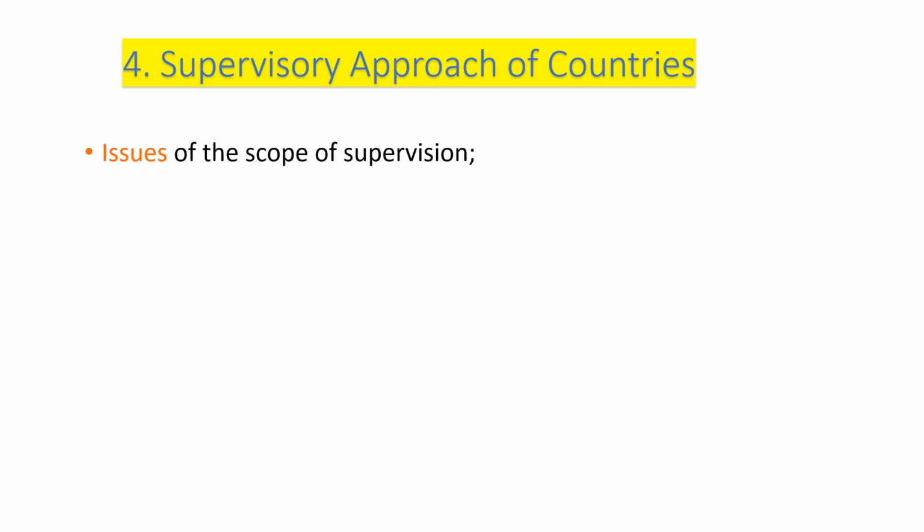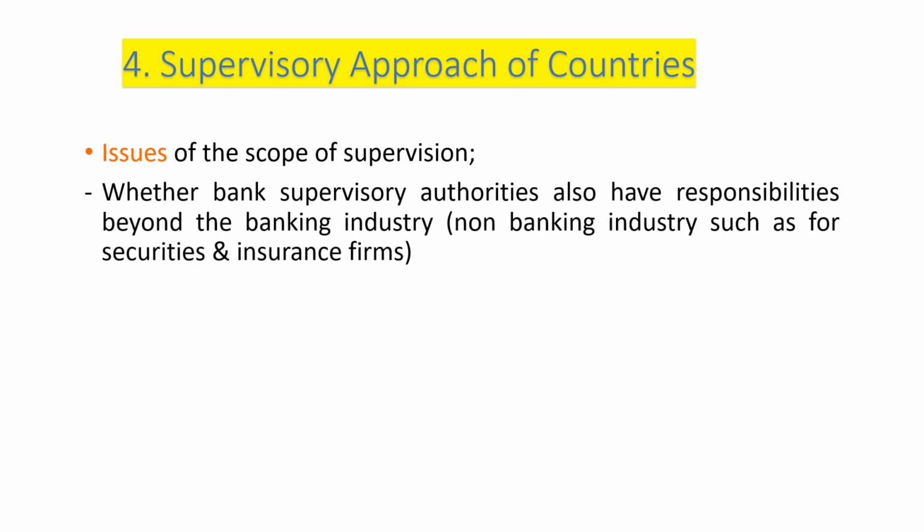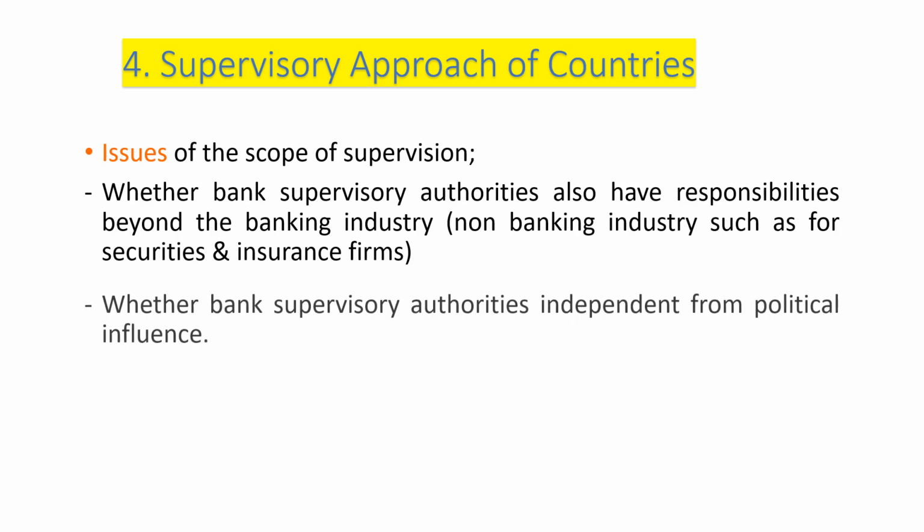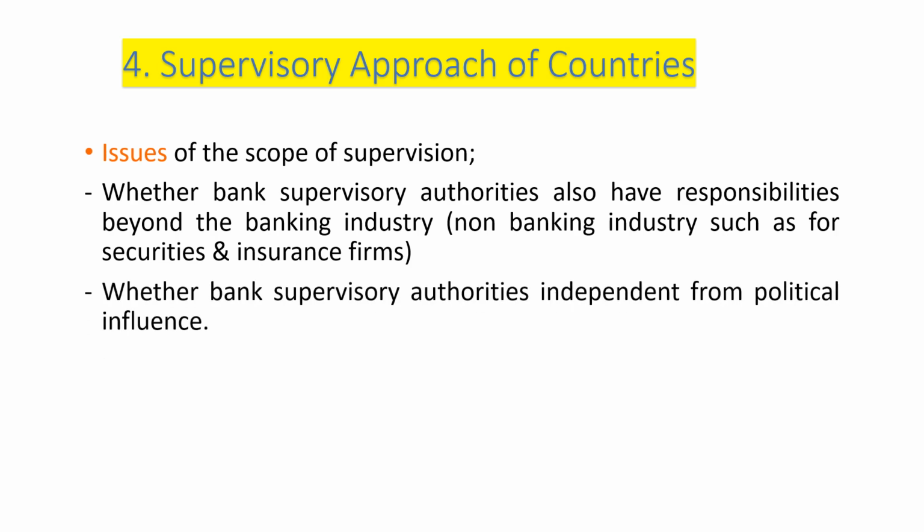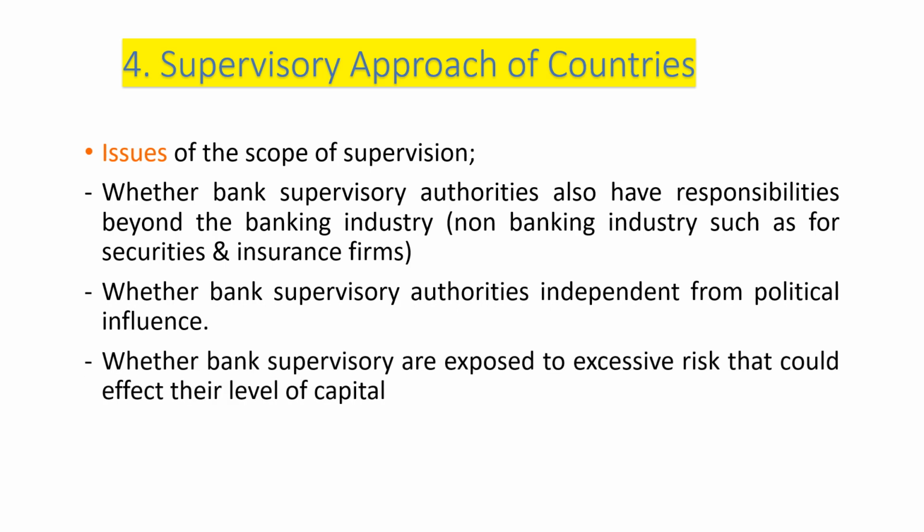The issues of the scope of supervision are whether the bank supervisory authorities also have responsibilities for the non-banking industry, for instance, securities and insurance firms; whether bank supervisory authorities are independent from political influence; and whether bank supervisors are exposed to excessive risk that could affect their level of capital.